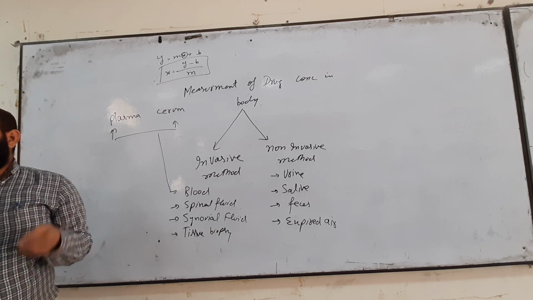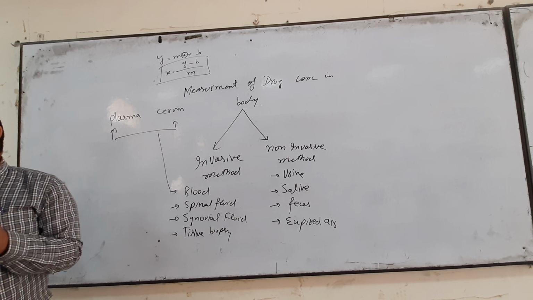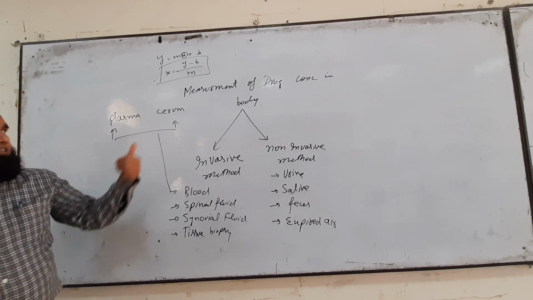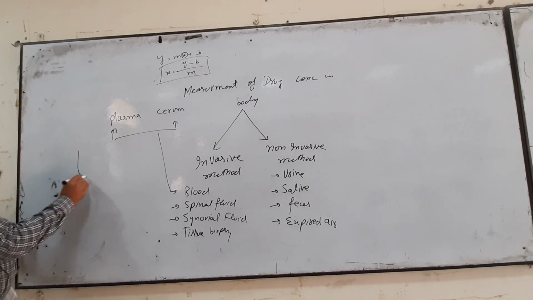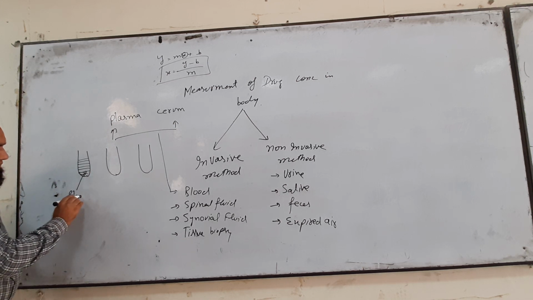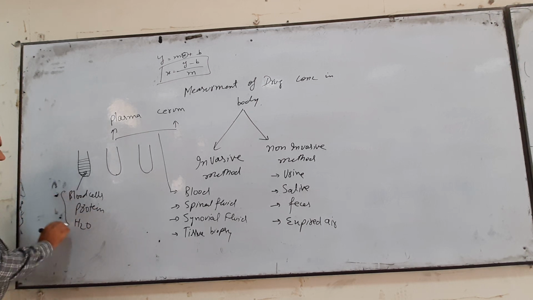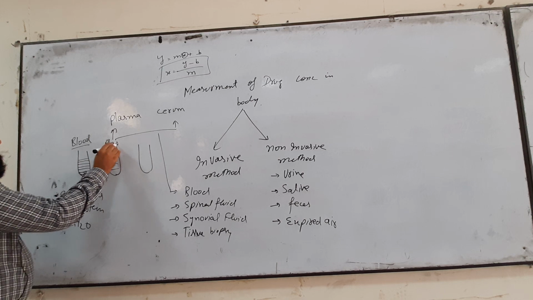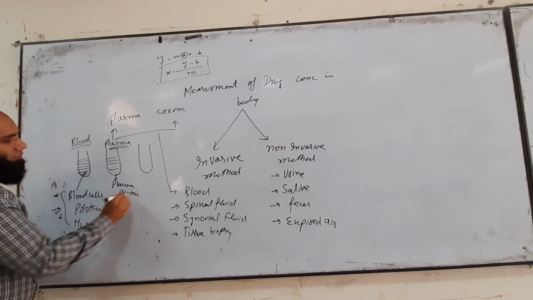How can we obtain plasma or serum from patients? If we take the blood of the patient and clot it first, after getting the clot, we remove the clot and centrifuge the remaining material, and the remaining material will be called serum, because we have not added any anticoagulant. Simple method: there are three test tubes. One is called blood. It has blood cells, proteins, water, and all other components. It's blood. Plasma has plasma proteins and water.